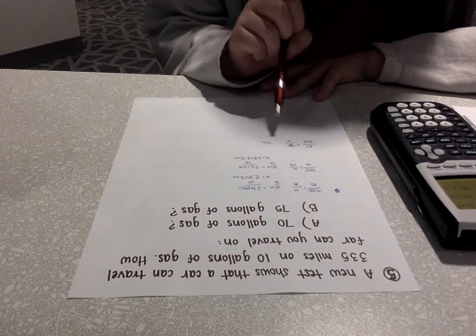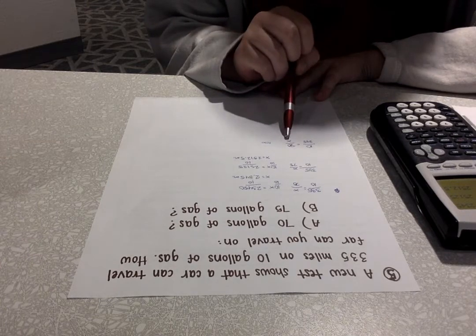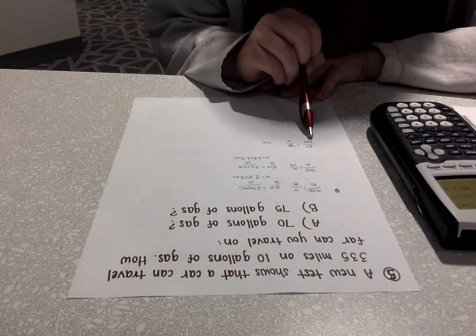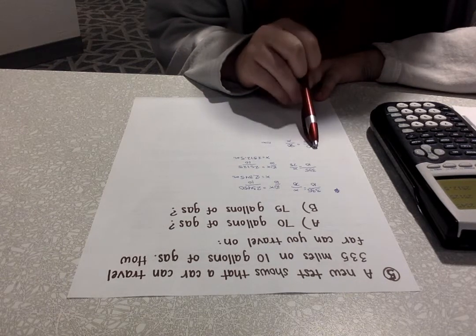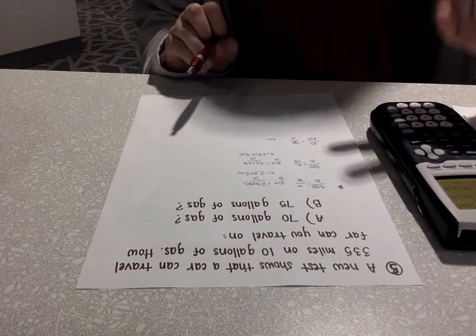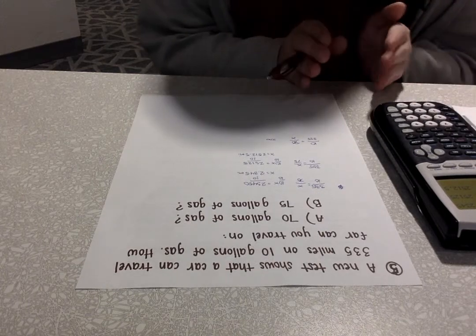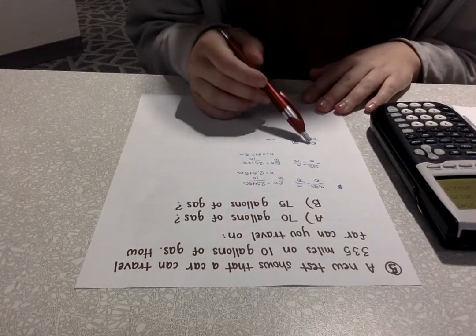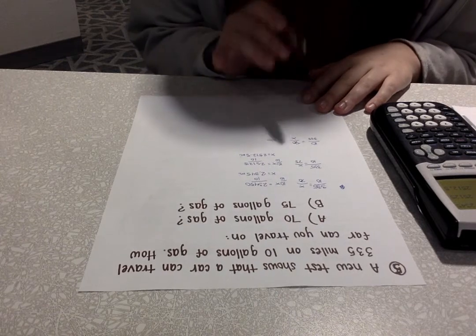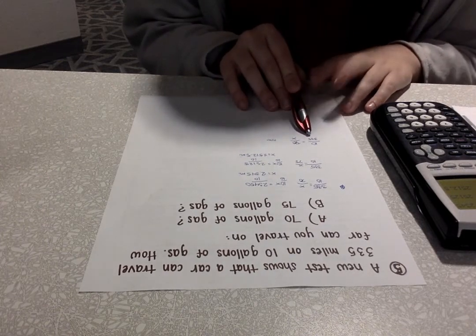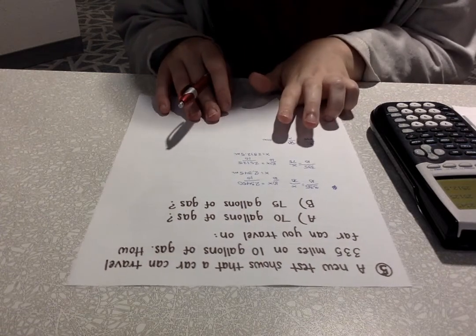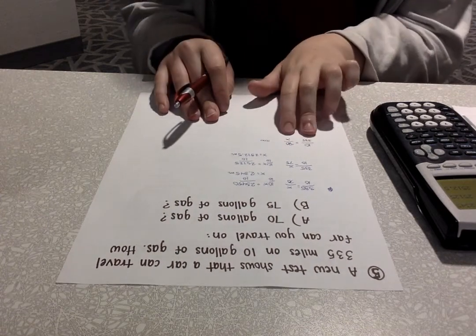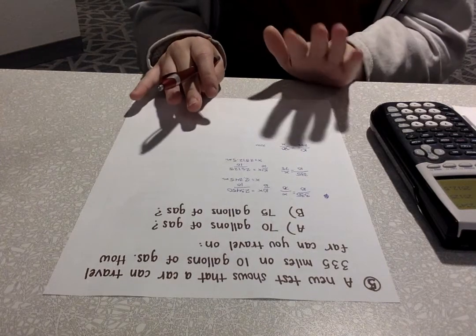So we're looking for miles, so it should be next to the miles already given in the problem. As long as the setup is the same for each individual proportion, so whether that's 10 gallons over the 335 miles or vice versa, as long as the gallons line up and the miles line up, then it works. Right.